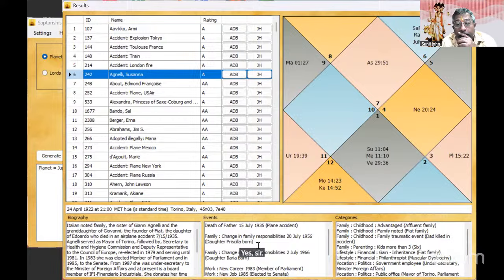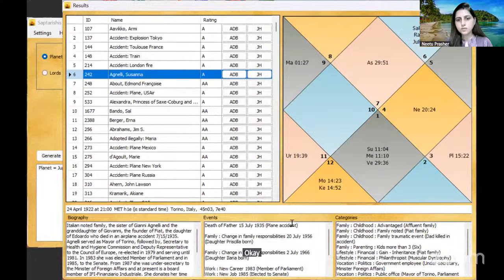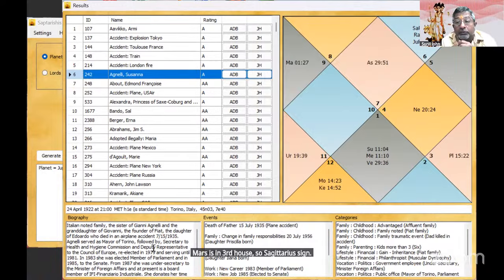And where is her Mars? Mars is in the third house, sir. Sagittarius sign. So she's born April 1922. 22 plus 13 will be, correct me here. Okay, I've had a bad day.